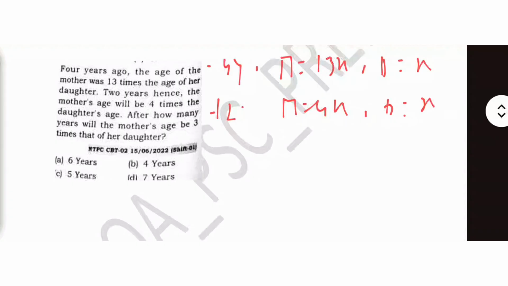So after how many years will the mother's age be 3 times that of daughter? So guys, we need to understand one thing. From the present, 4 years ago the mother was this. Then after 2 years the mother becomes this. So exactly what is the difference between these years? Minus 4 from the present and plus 2 from the present. The difference is 6 years.